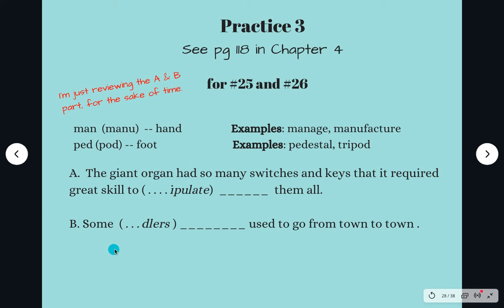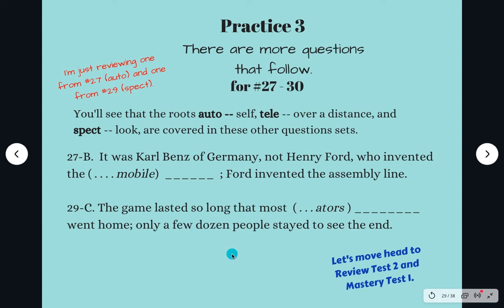And then this one, something dlers used to go from town to town. And actually, I think it should be town to town on foot, right? Let me see if I can find that one. Yeah, some used to go from town to town on foot to sell their products. So it's going to be this one. It's peddlers, right?